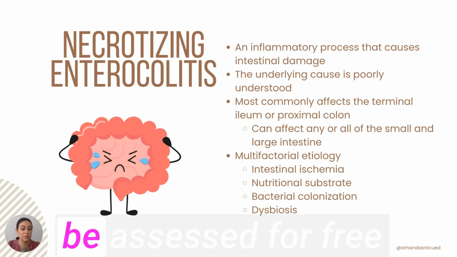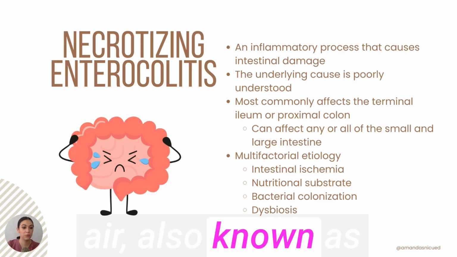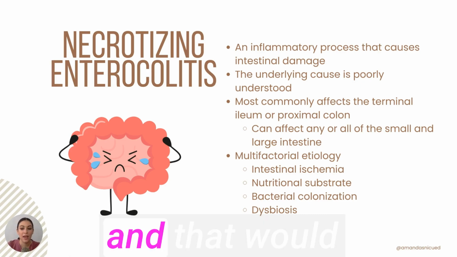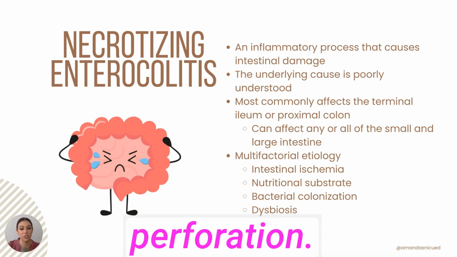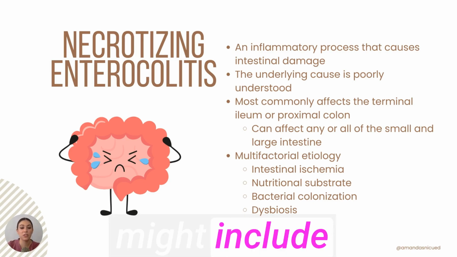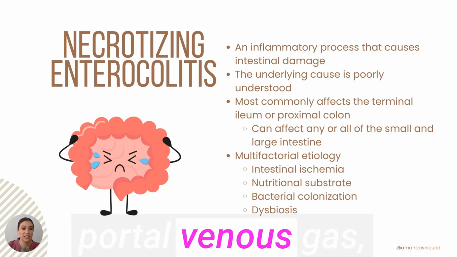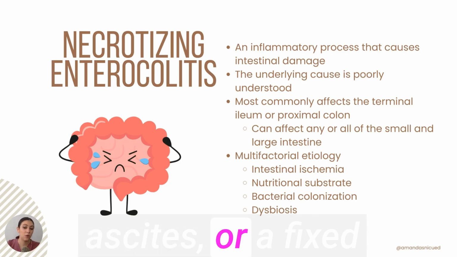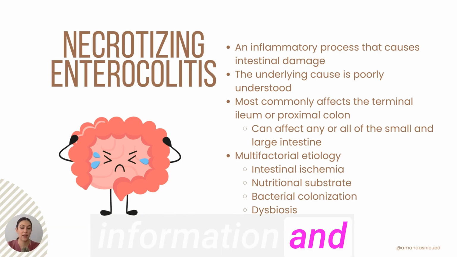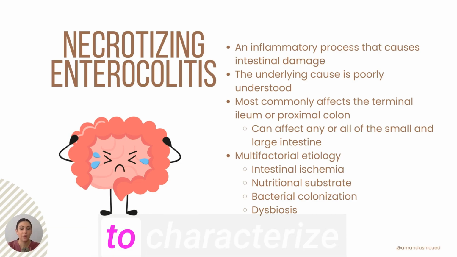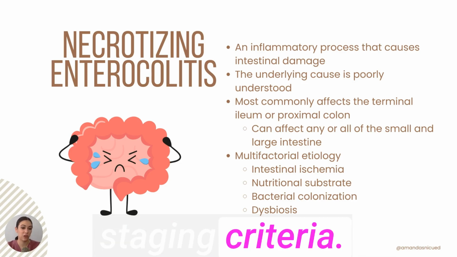The x-ray would be assessed for free air, also known as pneumoperitoneum, and that would suggest intestinal perforation. Other findings might include dilated bowel, portal venous gas, ascites, or a fixed bowel loop that doesn't change on repeated studies. We take all this information, and that's utilized to characterize NEC based on the modified Bell staging criteria.